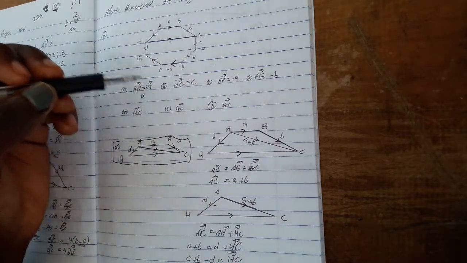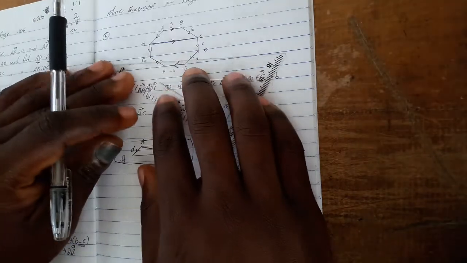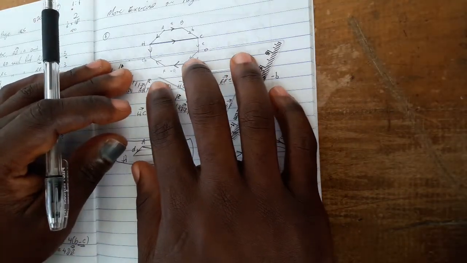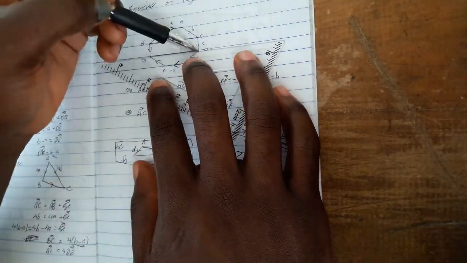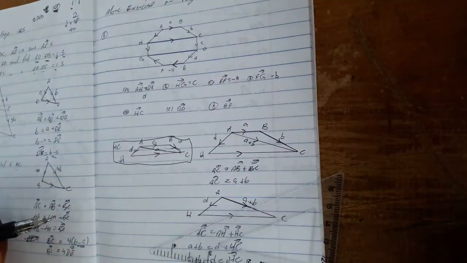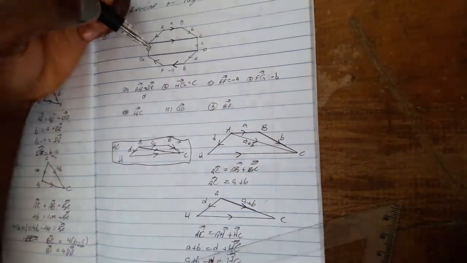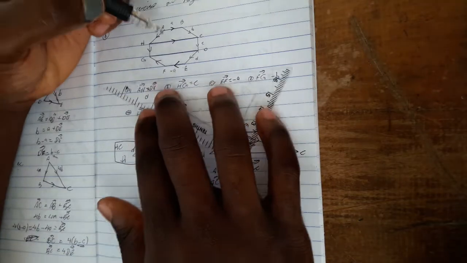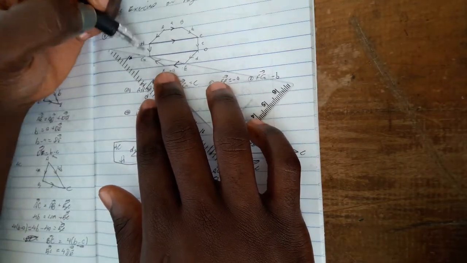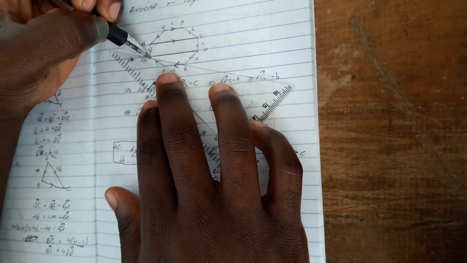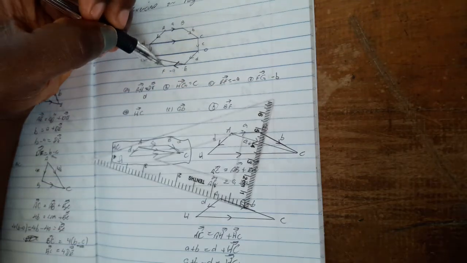So then GD. GD, this is the same process, but you're doing it at the bottom. Right? So I'm going to let you do that one. They want from G to D. So again, you can use this small one here.